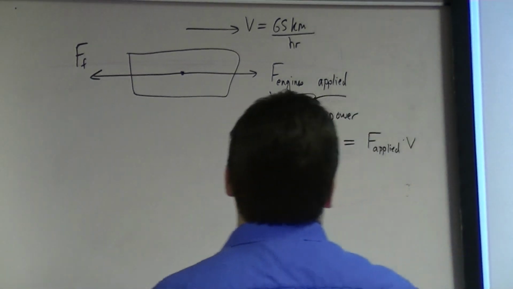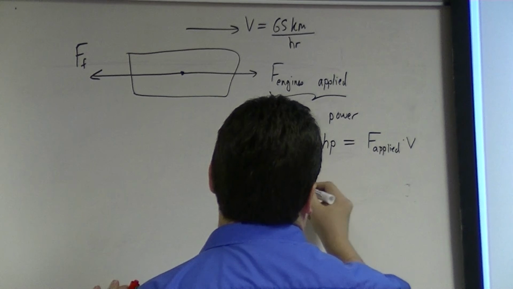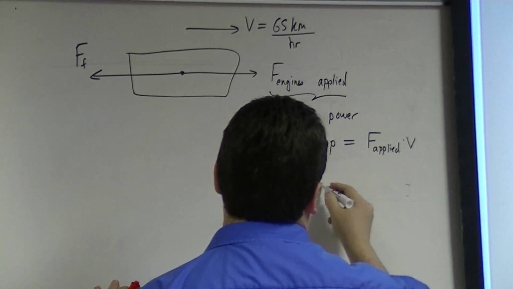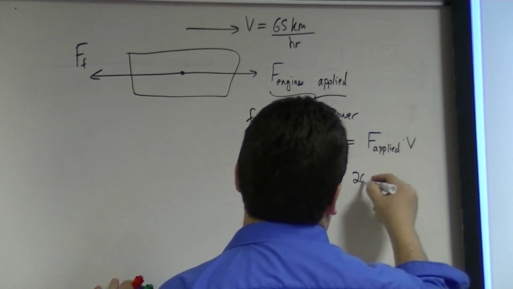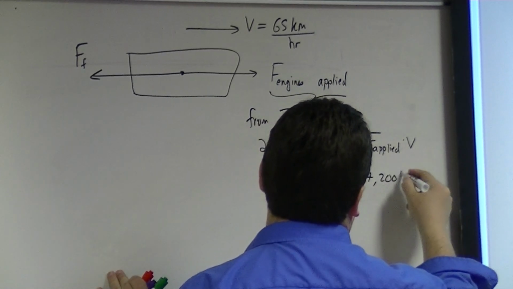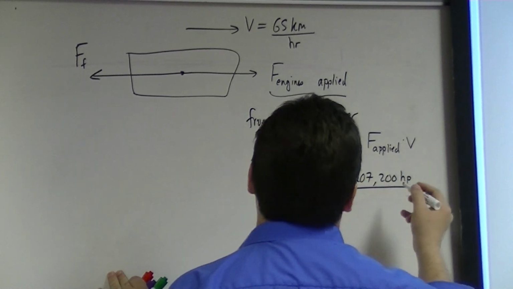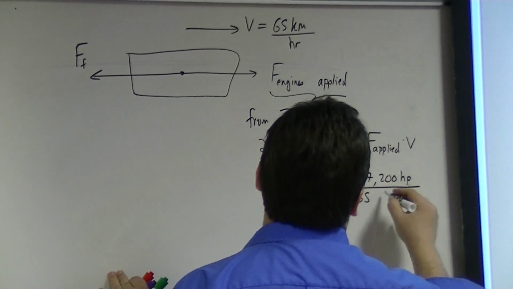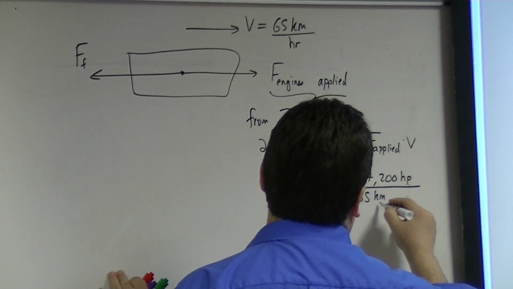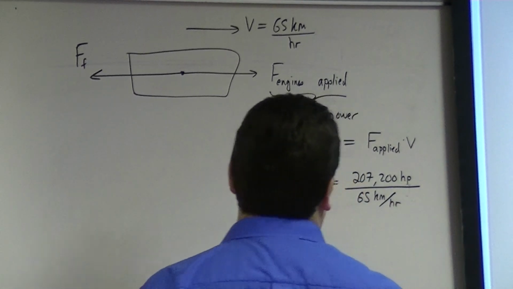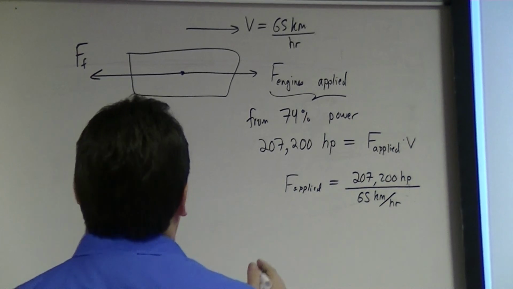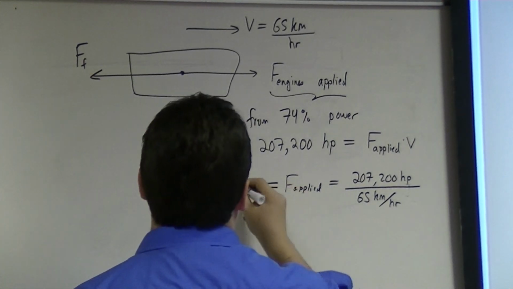So you can find that the F applied is 207,200 horsepower divided by the V, which is 65 kilometers per hour. And that, by the way, will be equal in magnitude to the force of friction, right?